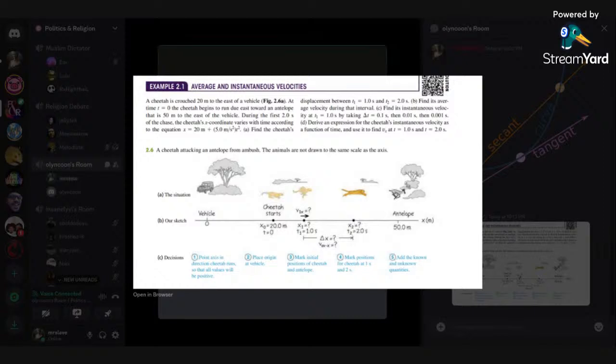Do you remember 1/2 at squared coming up? Yes. So this is the equation. So t squared is already here. So 1/2 a is 5. That means a is 10. Hold on one second. Sure.